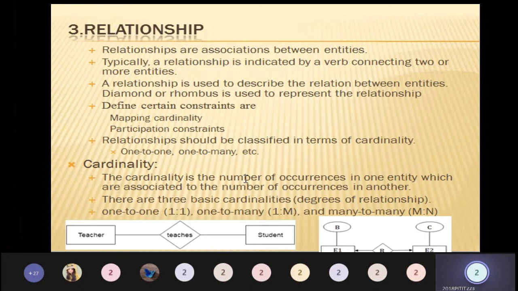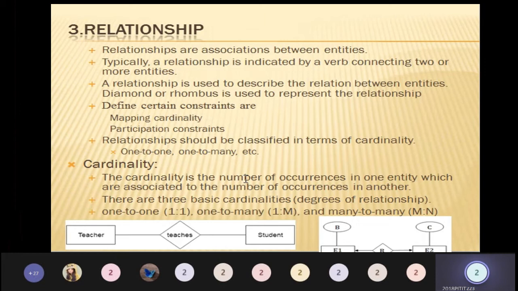When using a relationship, certain constraints are used: mapping cardinality and participation constraints. These are the two constraints used in the relationship component of an ER diagram. A relationship is classified in terms of cardinality: one to one, one to many, many to one, and many to many.